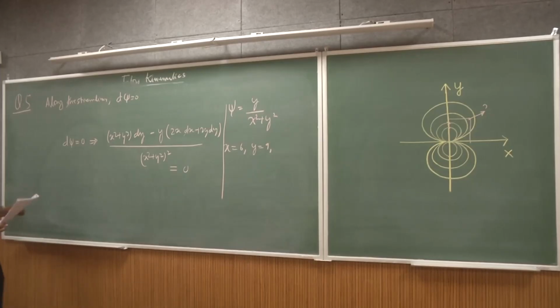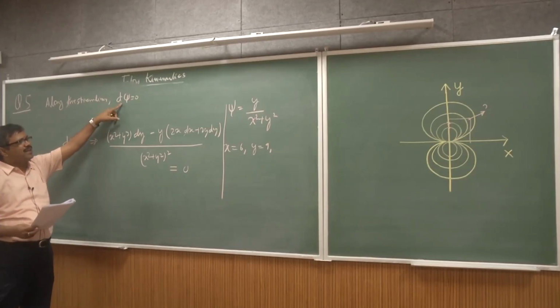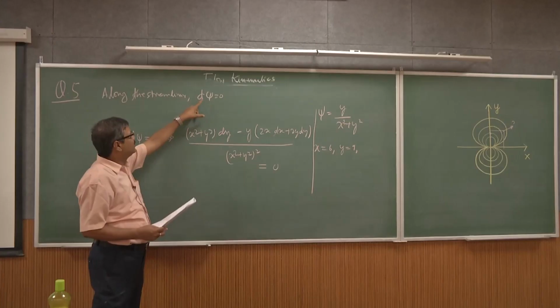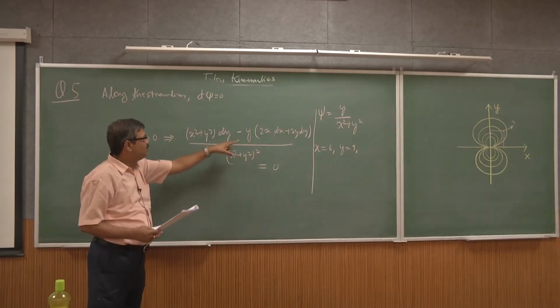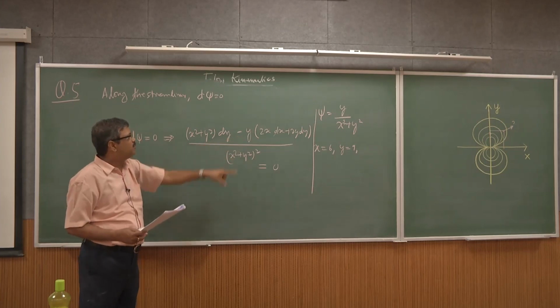For a very basic case, if phi is a function of x and y, we can expand its total derivative and get these components.